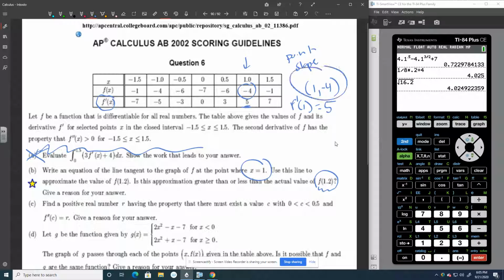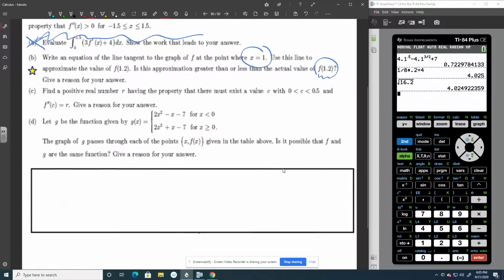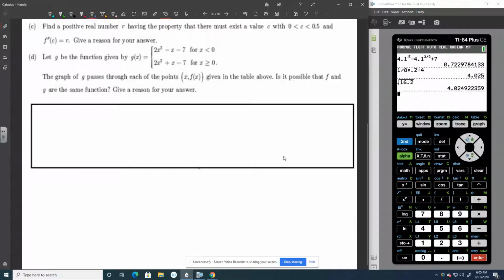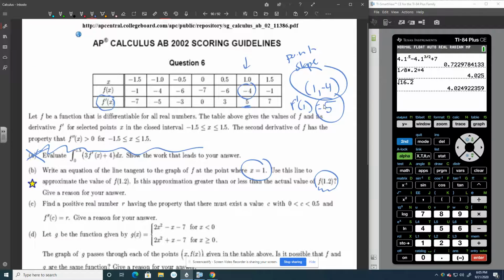So I've got a point and I've got my slope. My slope is 5 at f prime of 1. So we go ahead and write our tangent line. Let's give ourselves some room down here. So I'm going to say y minus y1, which was, what was our y1? Negative 4.